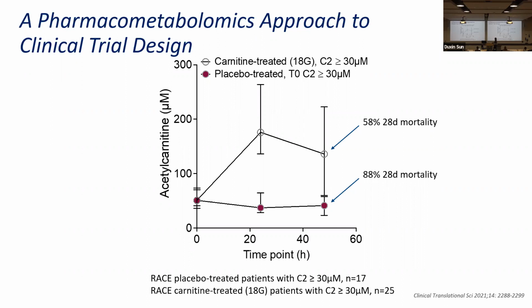And for the carnitine treated patients, their 28-day mortality would have been 58%, versus the placebo patients would have had a mortality of 88%. And admittedly, these are small numbers, but it introduces the concept that we could use a pharmacometabolomic strategy to identify patients who might be more likely to respond to a specific therapeutic, particularly a metabolic intervention like L-carnitine.